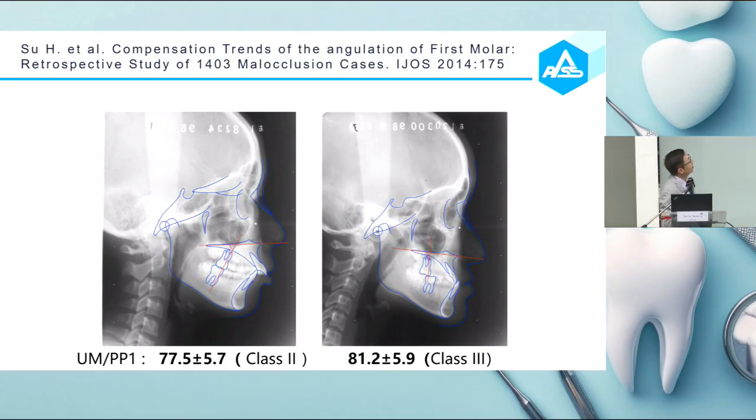He measured 1,403 cases and found for class 2, upper molar tipped back like this. This angle is 77.5. But for class 3, this angle is much larger than this one, with statistically significant difference.